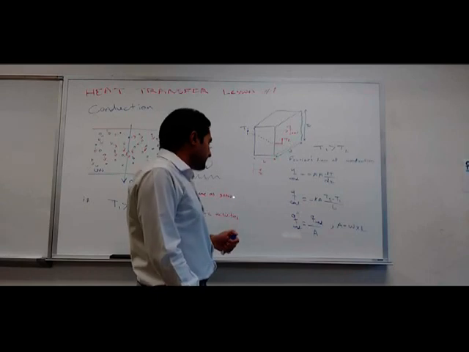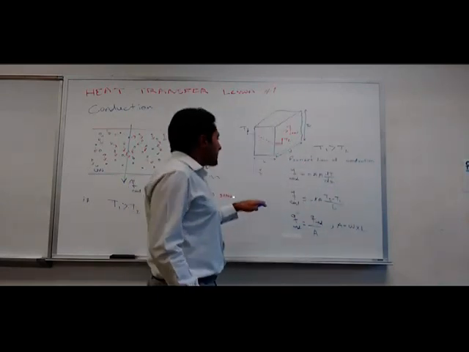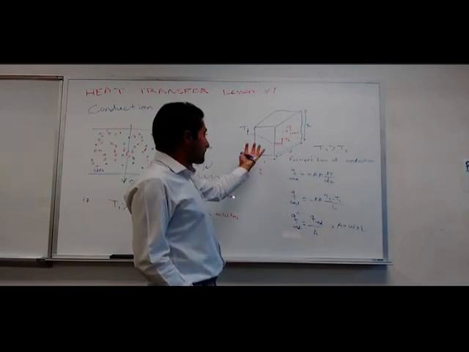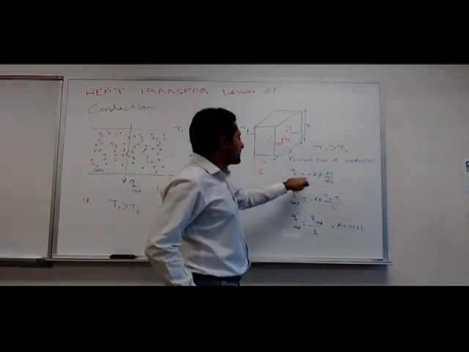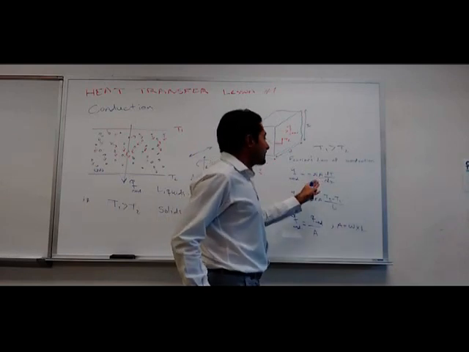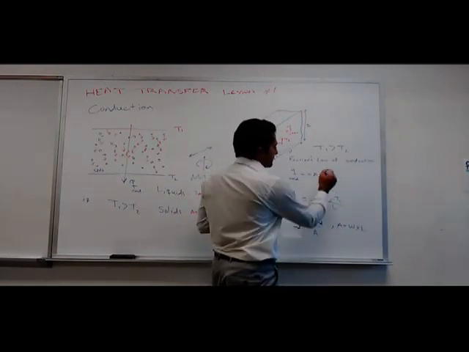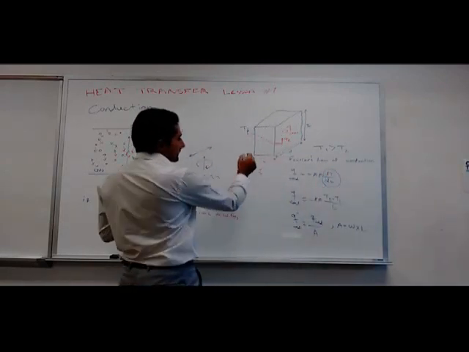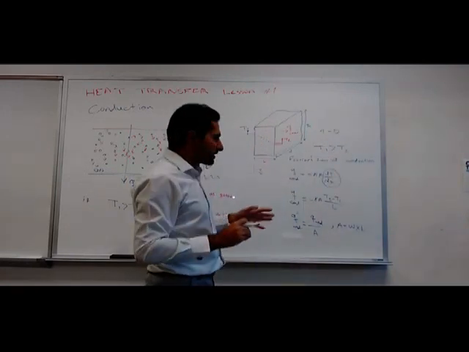Fourier's law of conduction says that the conduction heat transfer rate through this wall is equal to minus K times A times the temperature gradient. This term is the temperature gradient, and this is a one-dimensional example of heat conduction.